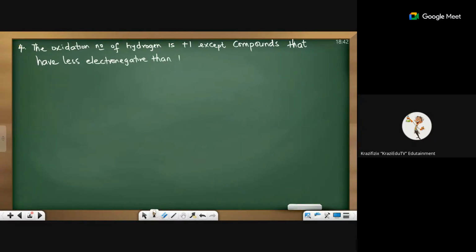We did electronegativity in grade 10. For example, check this. In lithium hydride, sodium hydride, NaH, and calcium hydride, the oxidation number of hydrogen is -1. I'll show you how we get that oxidation number as -1.